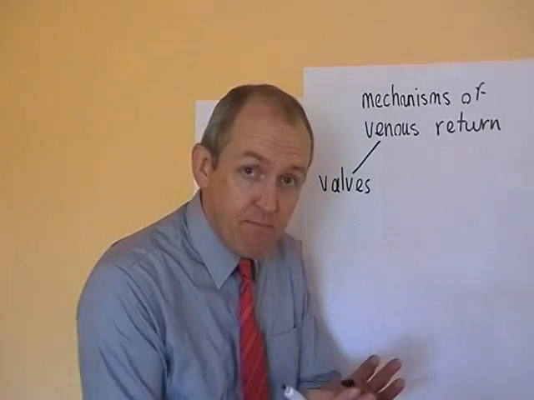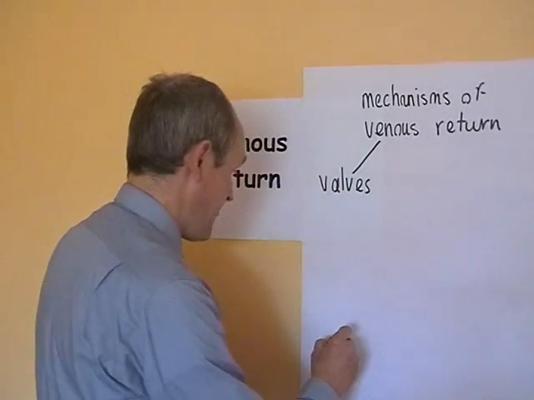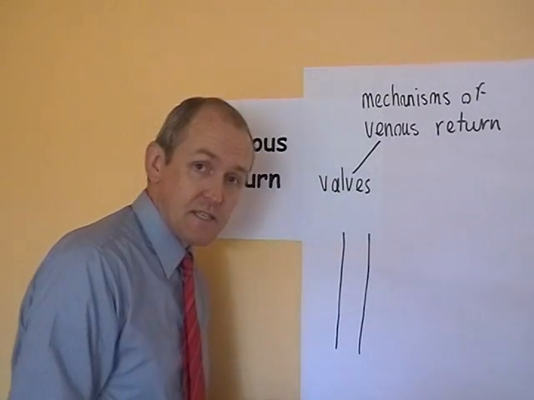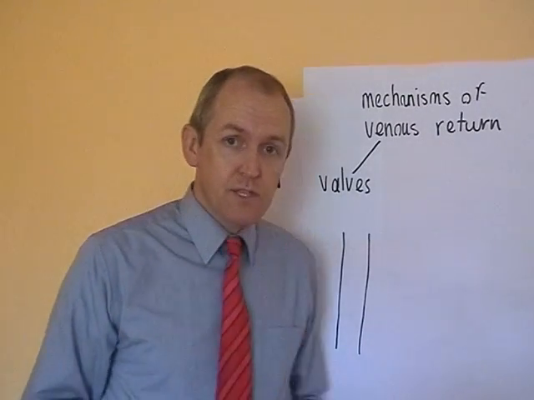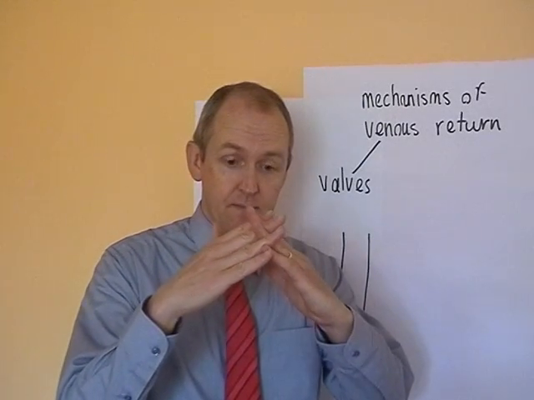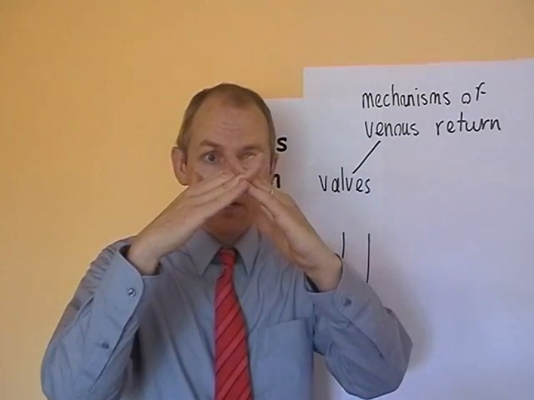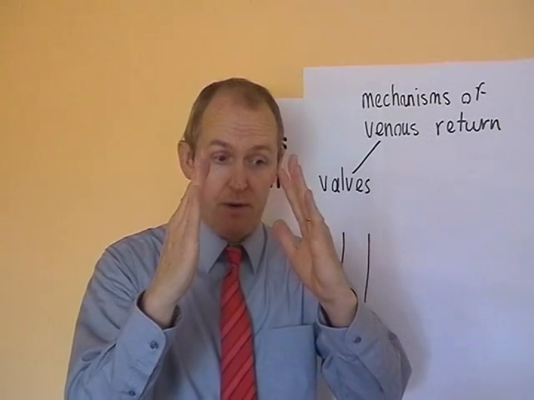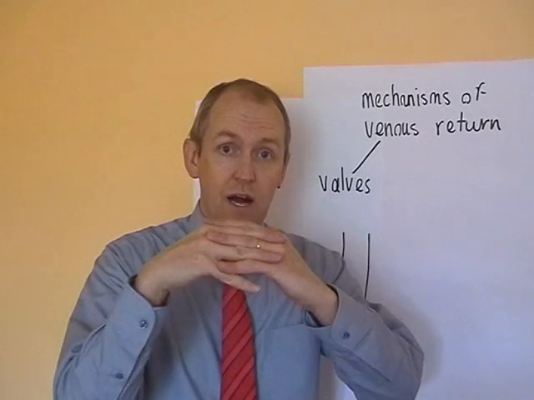So if we think about a vein in the leg, for example, this might be the vein, and it contains valves. And the valves point up the way like this. So in other words, they will let blood go from underneath to on top, but then when the blood tries to go from on top back down again, well, the valve stops it.